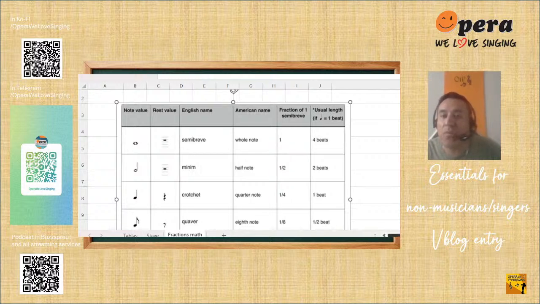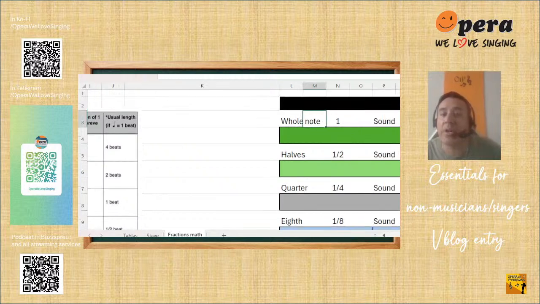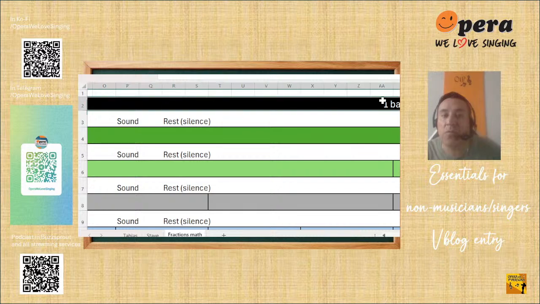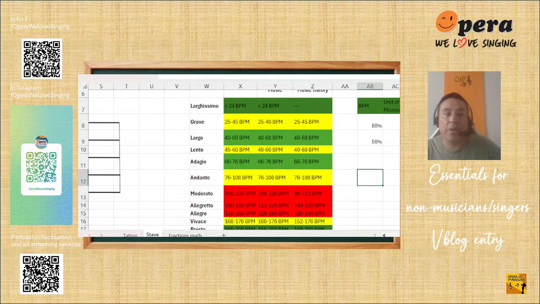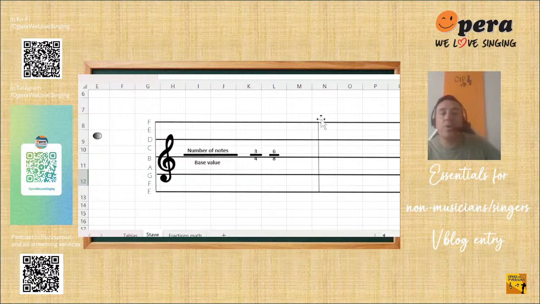So the value of 1, which is called a whole note, we are talking about the value of 1 bar. If you remember when we looked at our friend here called the stave, we said that these vertical lines that cross the stave are called bars. So in Spanish, it's much easier to explain.